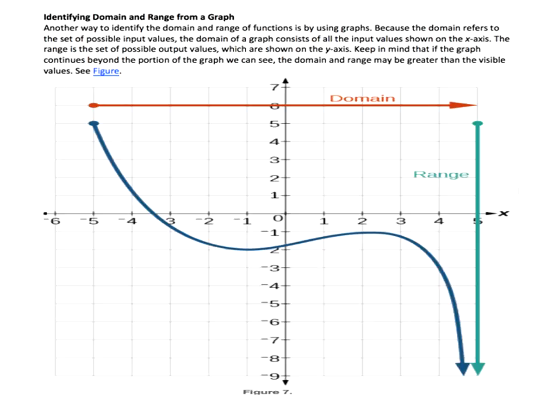Okay, so identifying domain and range from a graph. Another way we can identify domain and range is looking at a picture of a function, which we call a graph. Because domain refers to, and let me get a different colored pen to highlight this information for you because it's important, I would underline it or highlight it on your own set of notes.